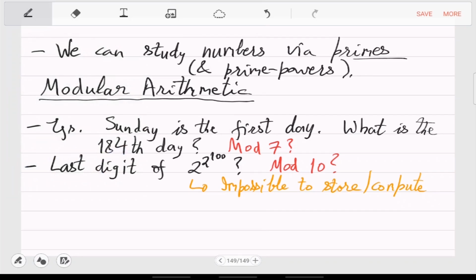So as long as you have some compact representation, like we have, right? I mean, this huge number we are able to still write in one place on the slide. So it means that there is a compact representation. So once you have a compact representation, then you can use mod 10 arithmetic to still find the last digit. You don't need to compute the whole thing.